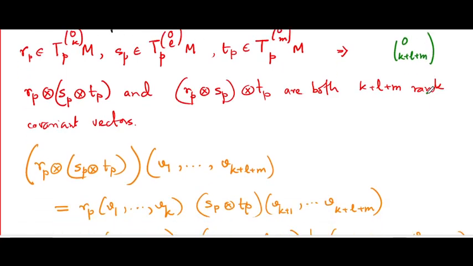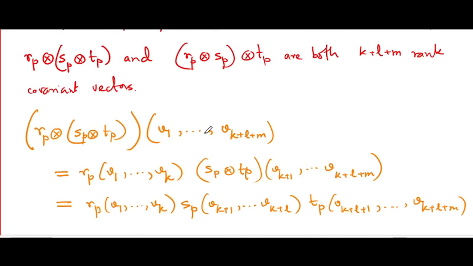Well, according to the definition of the tensor product, this thing acting on a bunch of k plus l plus m vectors works in this fashion. Rp, the first factor, gets the first k vectors in this list, and Sp tensor product Tp gets the rest, that is vectors number k plus 1 through k plus l plus m.